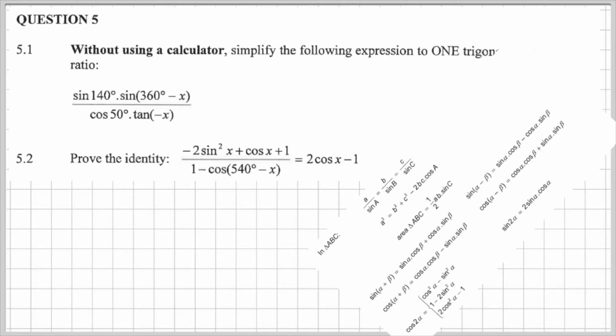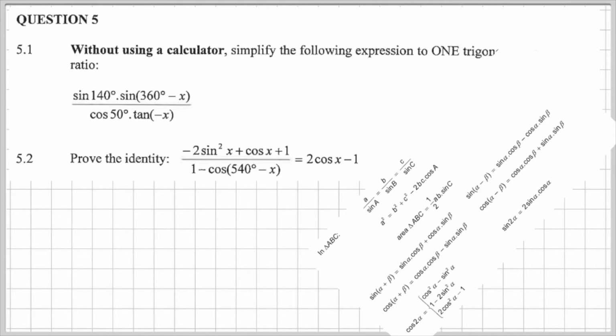When we look at questions like these, I'm telling you guys now very clearly, there are so many score marks, but I see it year in and year out: my students don't know the basics.